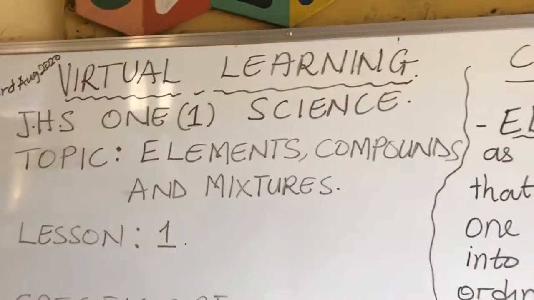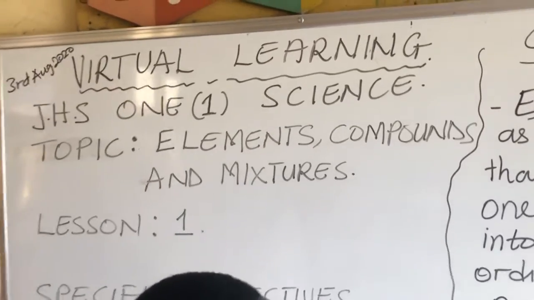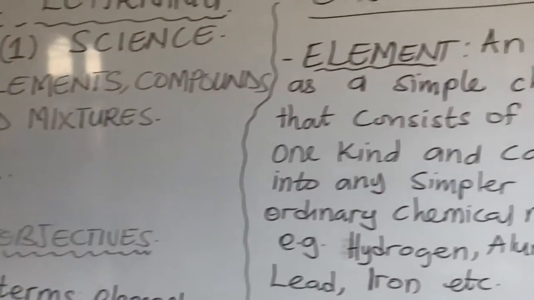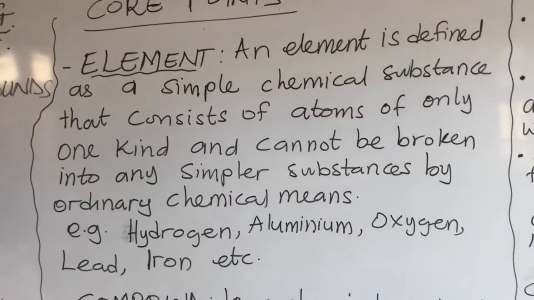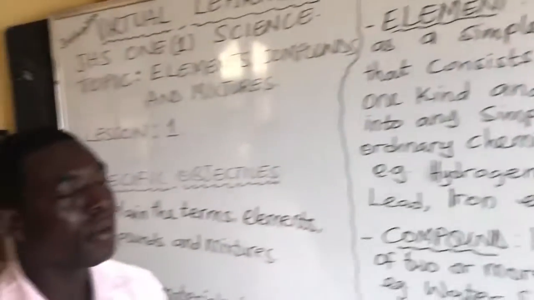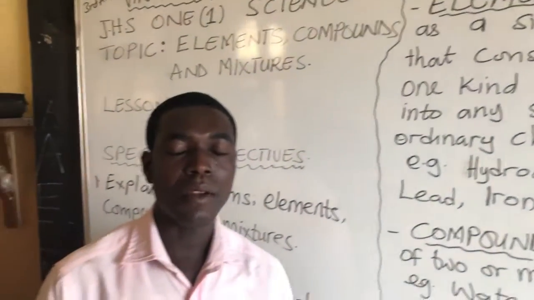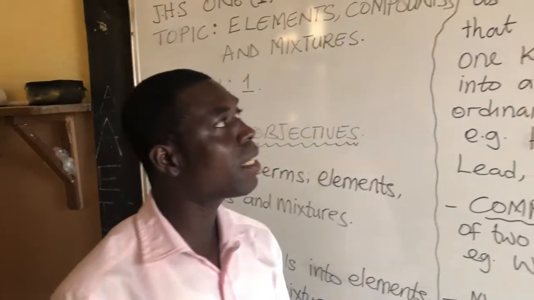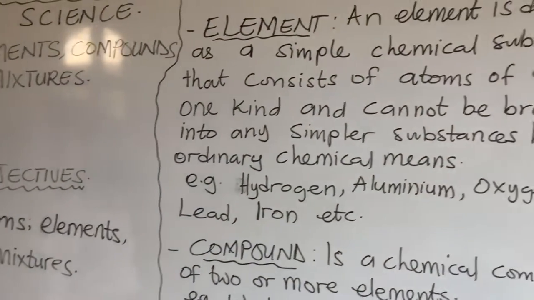So elements are natural substances made up of atoms of the same kind. Elements are natural substances or materials which are not living things, so it means they are non-living things. So today we are talking about elements.